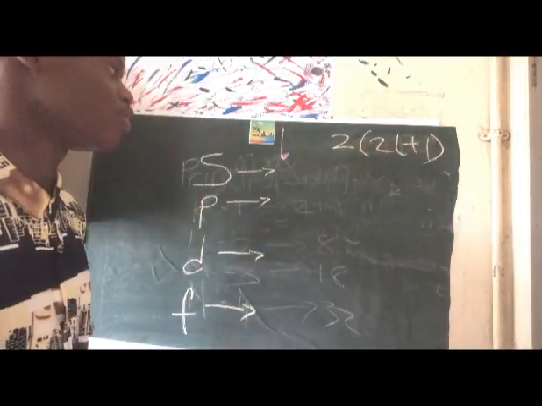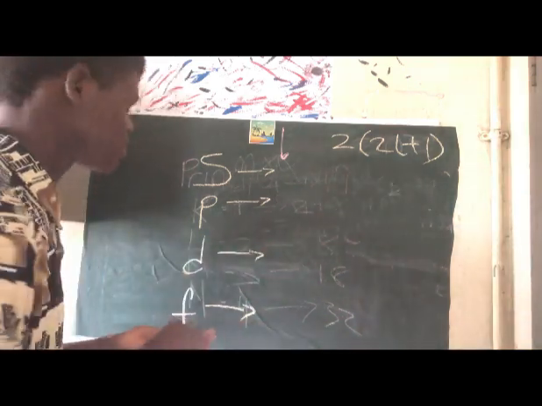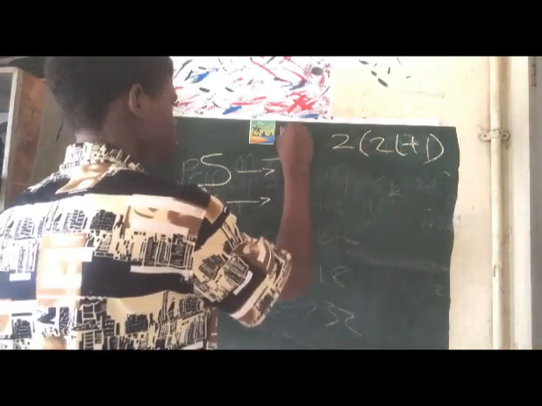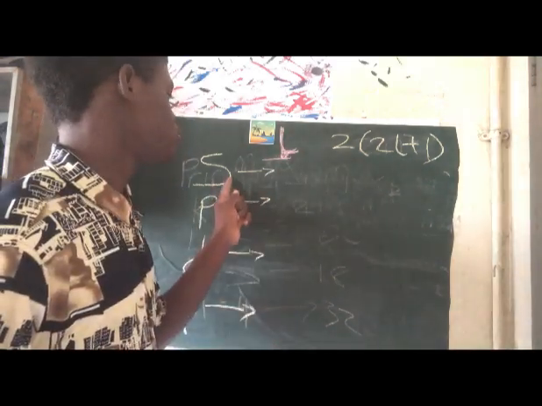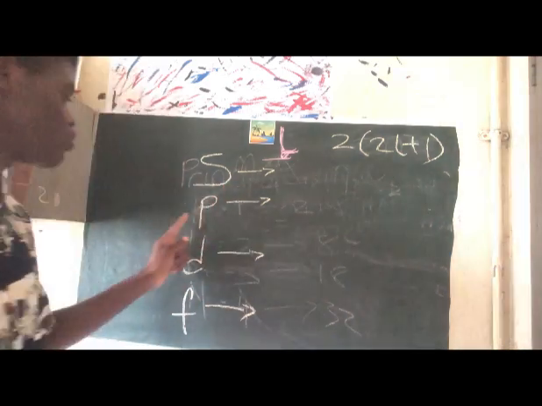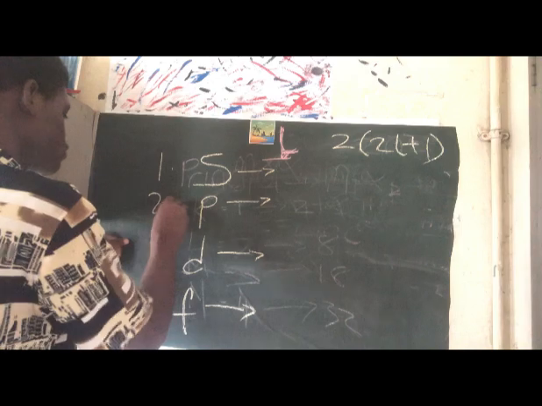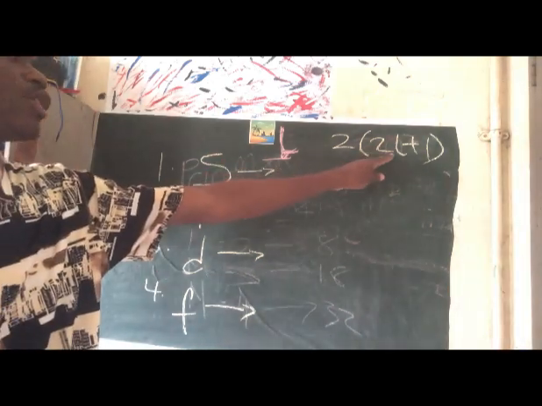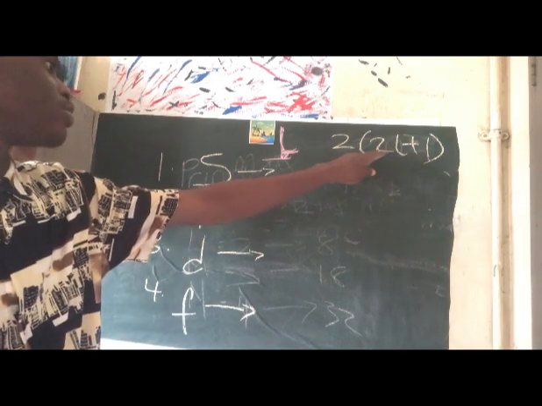Most of us actually know this offhand, but we don't know it from this formula. So to get it, this is L, and the subshells are 1, 2, 3, 4. Input 1 into this formula: 2 times 1 is 2, 2 plus 1 is 3, and 3 times 2 is 6.